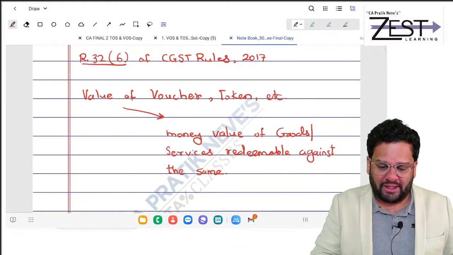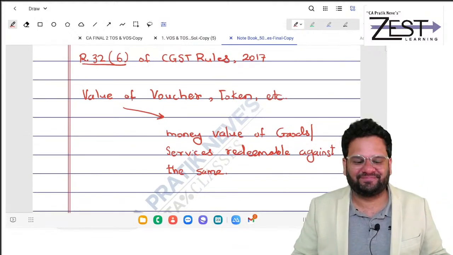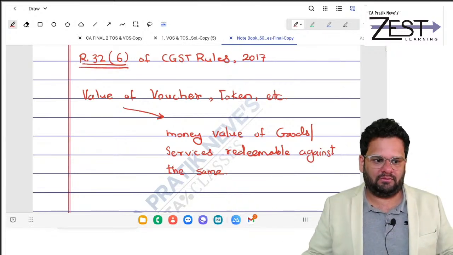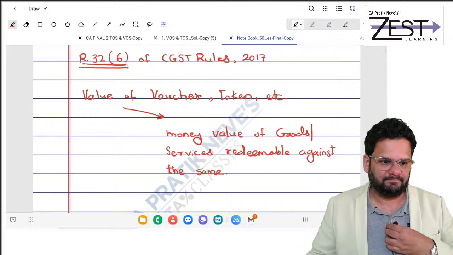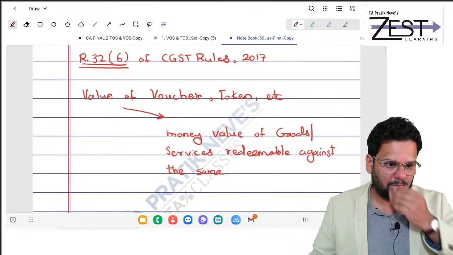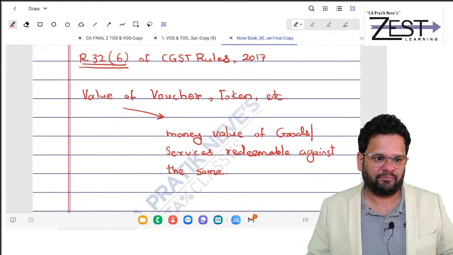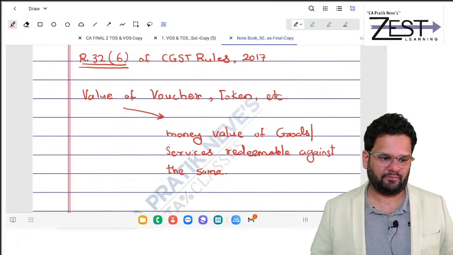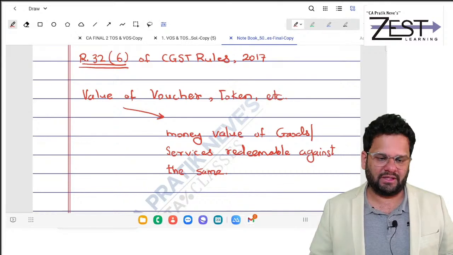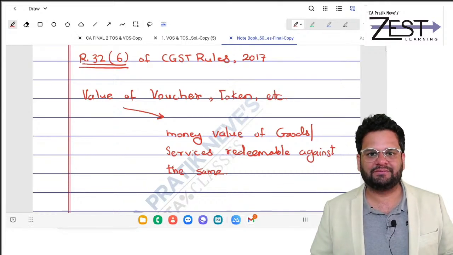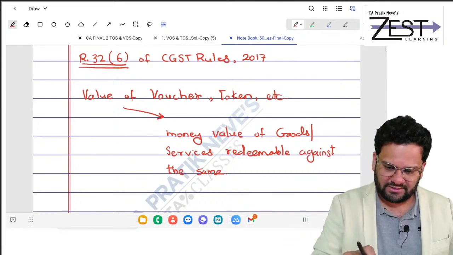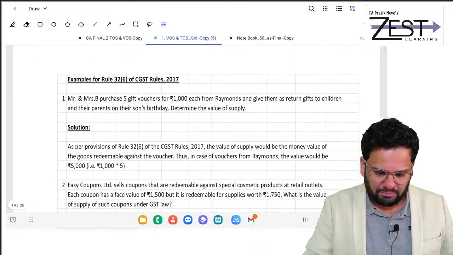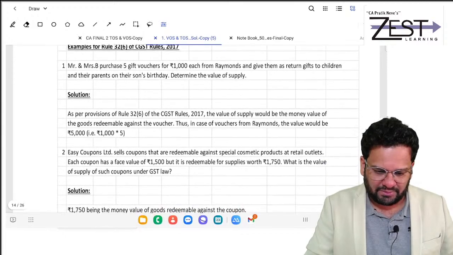I want to show you examples on this. Done? Can I show you examples on this? Yes. So see, you have to compulsorily write these examples.